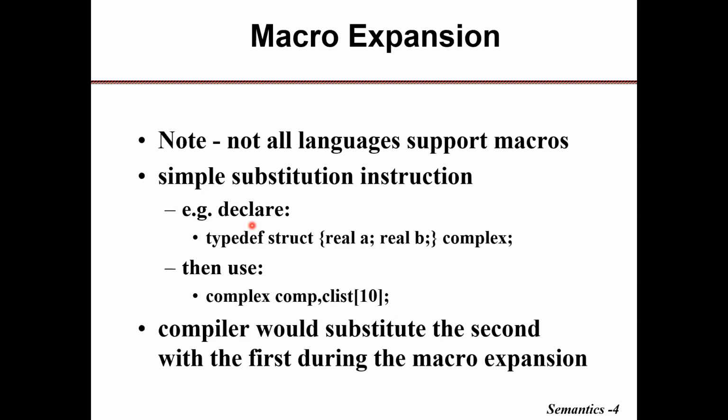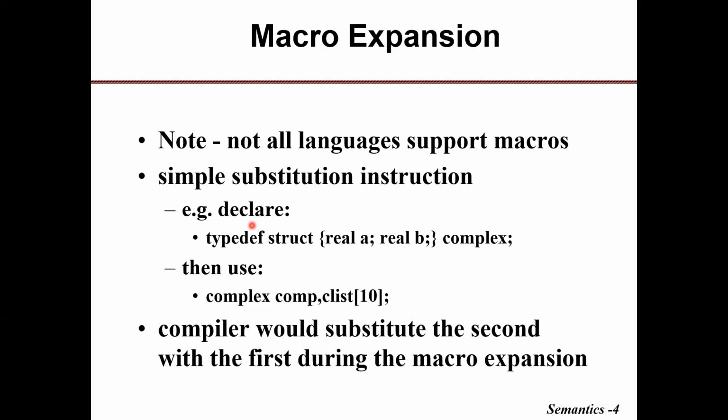If we invoke that as programmers, then in this phase of the compiler, when it sees that typedef, it's going to say, I need to go ahead and expand this. So it knows everything it needs to know here in these two statements to be able to build comp and CList as a single instance of two entities, or an array of 10, each of those 10 individuals having two entities within it. And it would know how to generate addresses to each one.